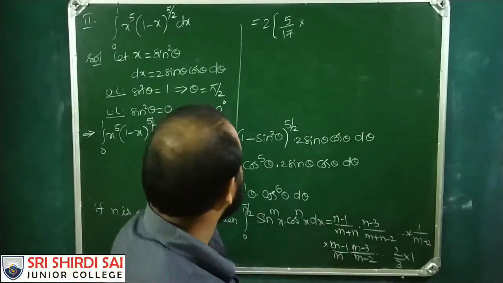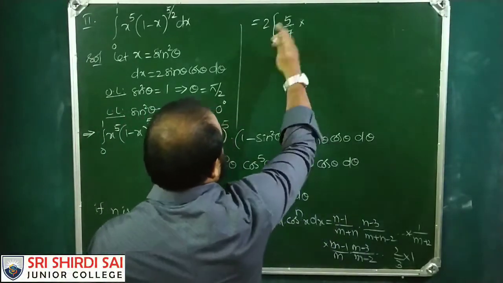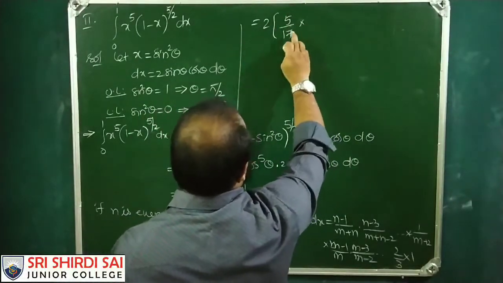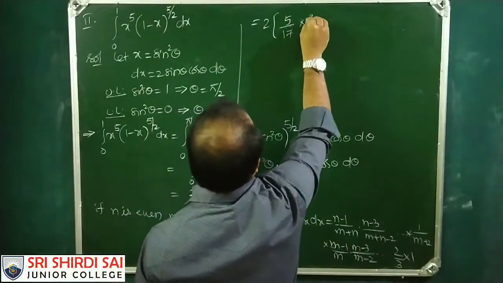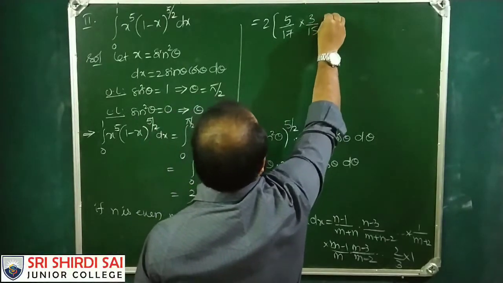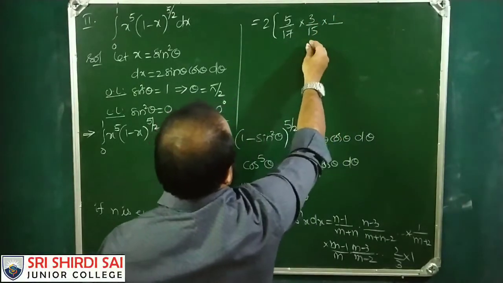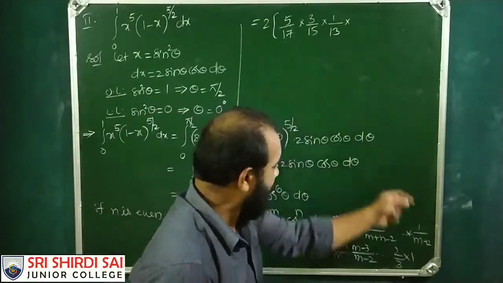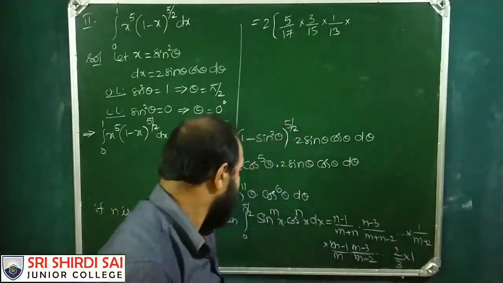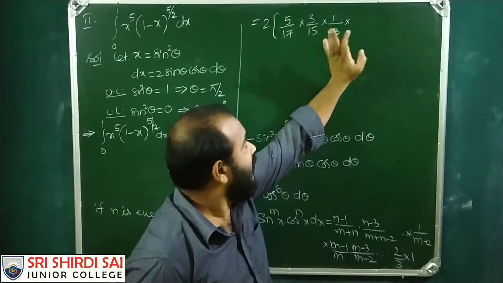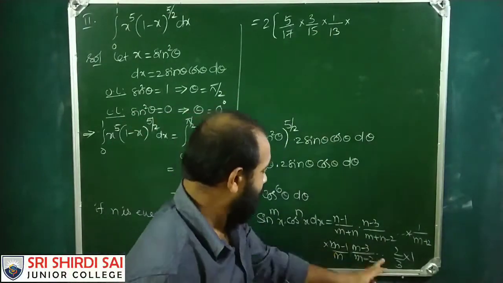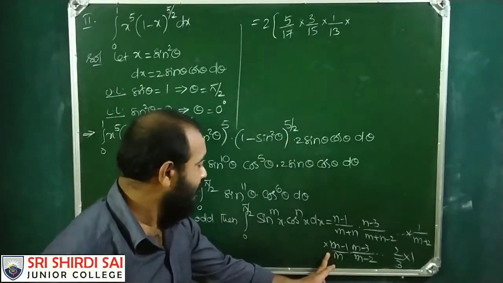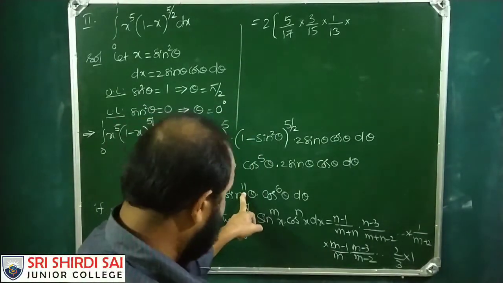So n is how much? 5 by 17. Okay, so you reduce it by 2. So this is 3 by 15, 1 by 13. Since further reduction is not possible, and this you compare with m plus 2, it is adjusted, it is okay. Now the second part, m minus 1, we have to start. What is m? M is 11.